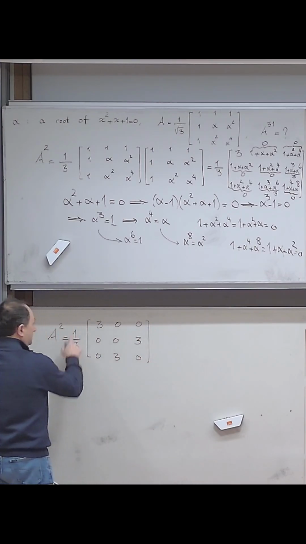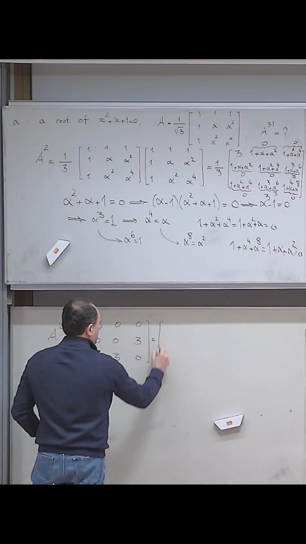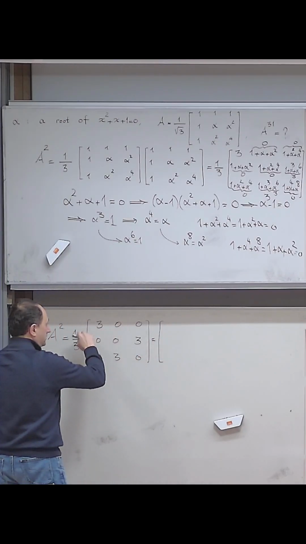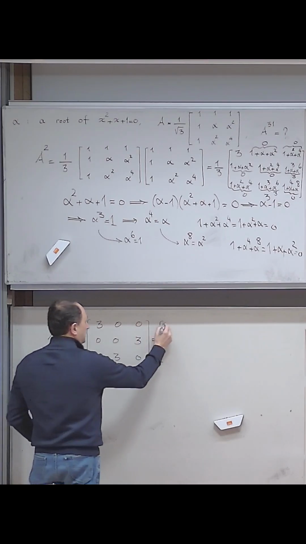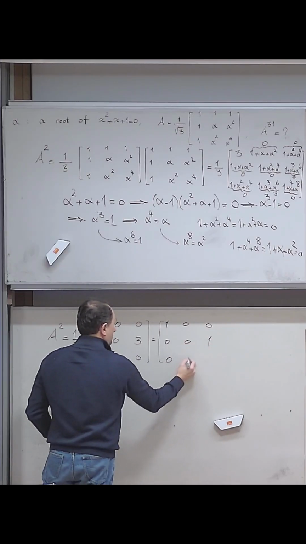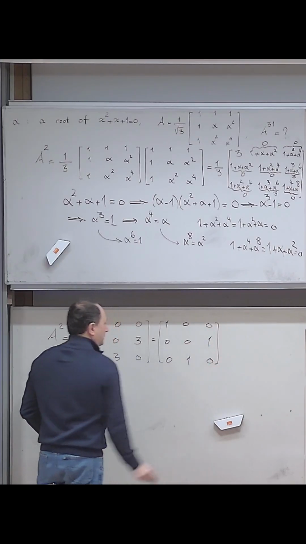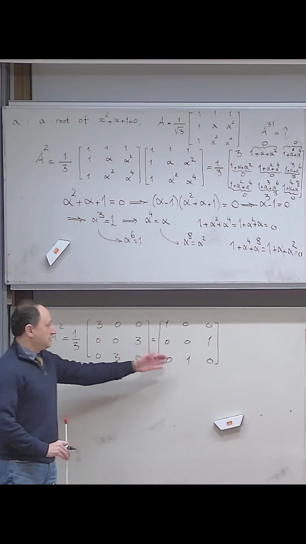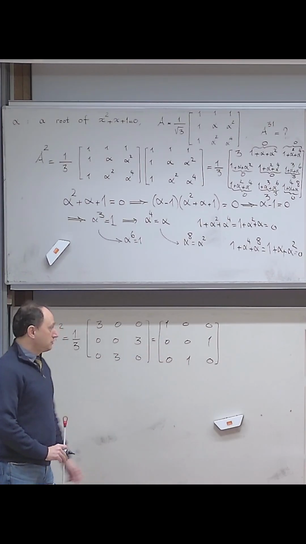And now if I multiply this 1/3 inside, it will multiply into all of the entries. So this becomes 1, 0, 0, 0, 0, 1, 0, 1, and 0. But of course, it is very close to the identity matrix, but it is not.